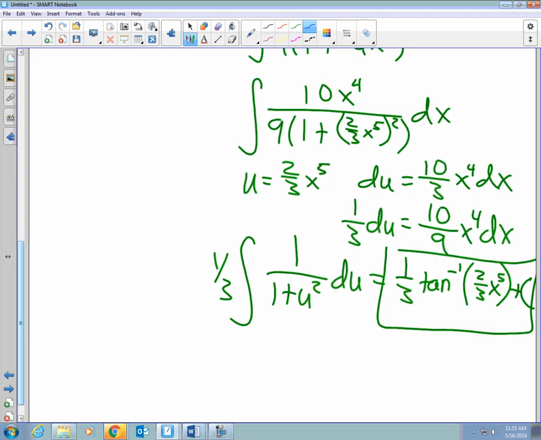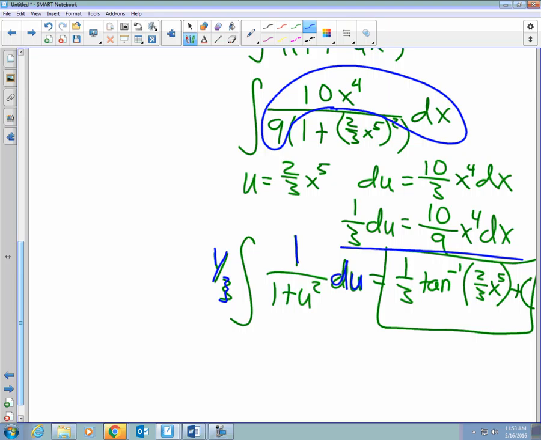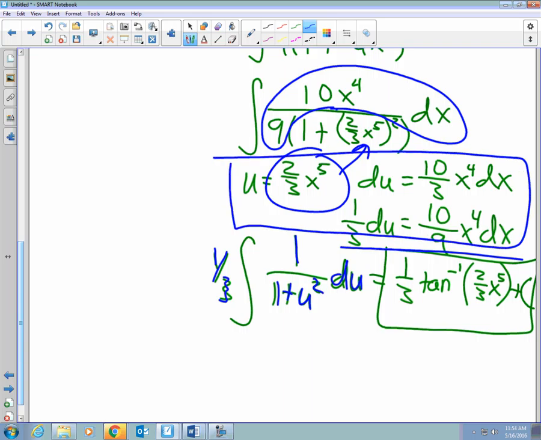But as I look at this from the very beginning, or from this point right here, 10 over 9 x to the 4th dx, that is all taken care of by du. Right? So I got 1 du and the 1/3. So in the denominator, I have that 1. And this goes in there. So I'm taking all of this and using it to create that integral. I just have a really good idea at the beginning that that's what I'm working with.